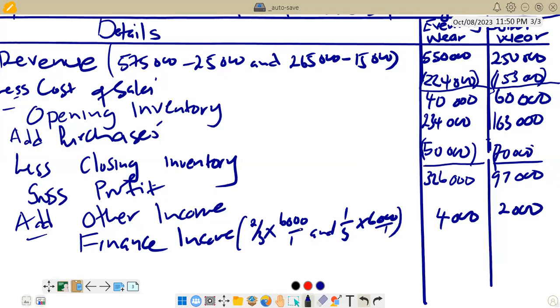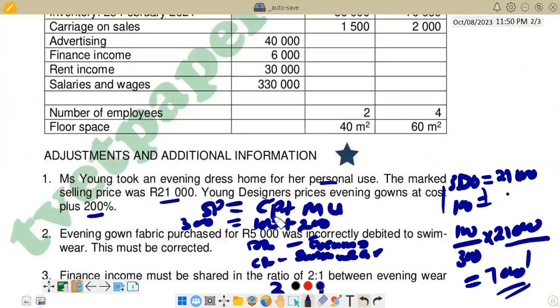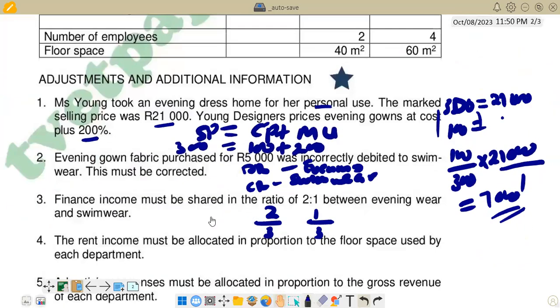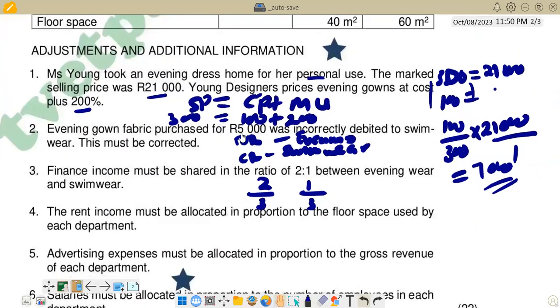Then you go and look for another income that we have in the question. Go to the list of balances that we are given. Under finance income, we've got rent income here. It's also income. Then we find out how we are supposed to apportion that rent income. Rent income on number 4 must be allocated in proportion to the floor space used by each department.